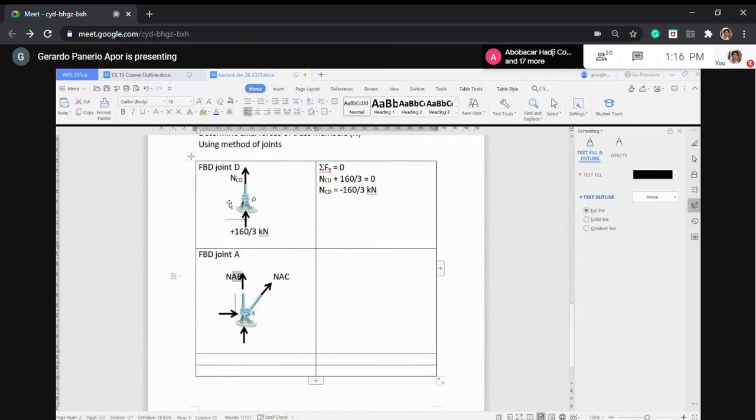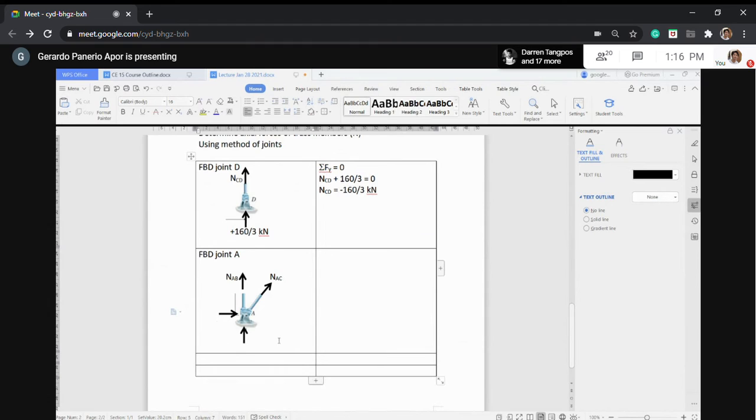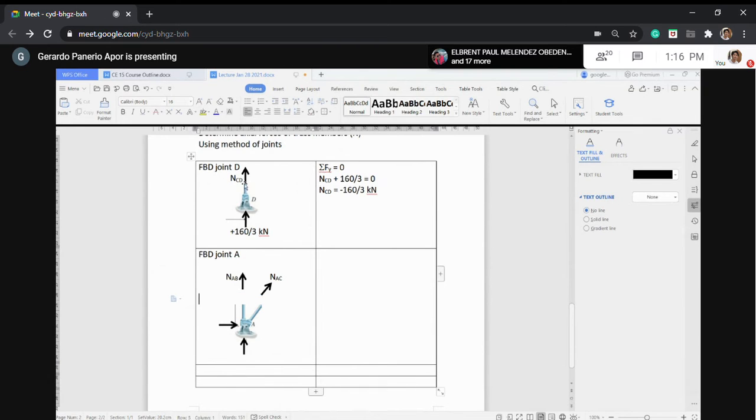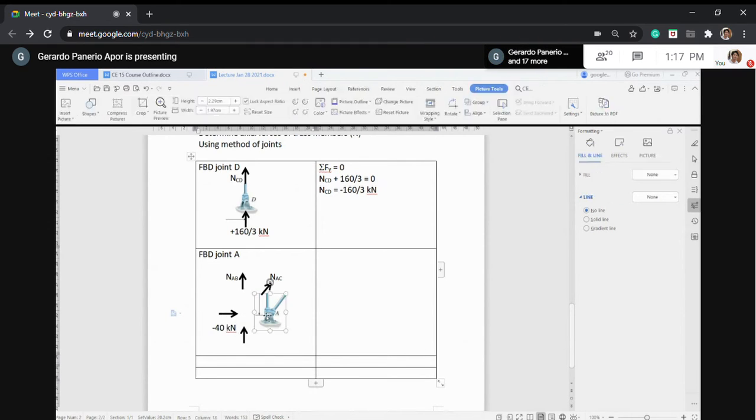I will make those subscripts. While this one is negative 40 there.